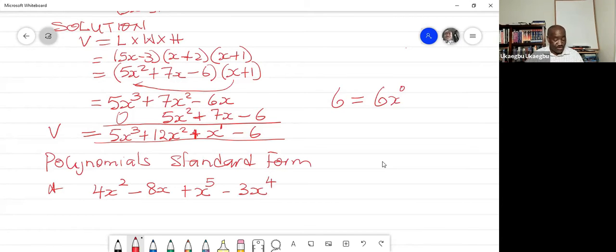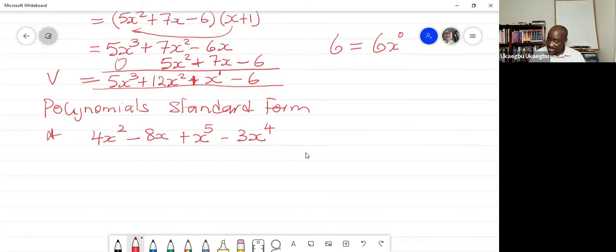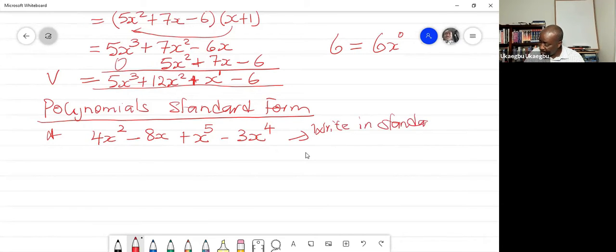So this is a polynomial. Our goal right now is to write this polynomial in standard form. This is like a subtopic, and the task is write in standard form.